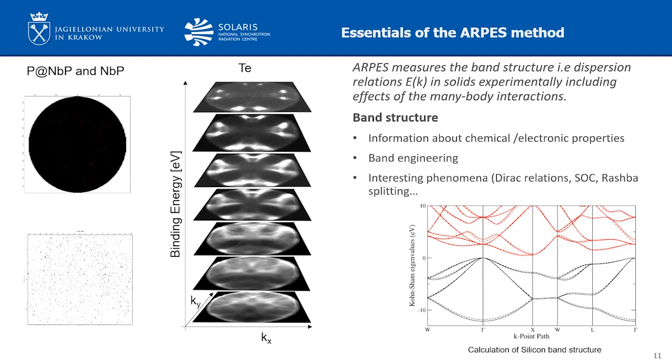Angle-resolved photoelectron spectroscopy, owing to its unequal capability to probe the energy and momentum of the electrons directly and simultaneously, has a leading role in achieving a comprehensive understanding of the electronic properties of solid-state materials.